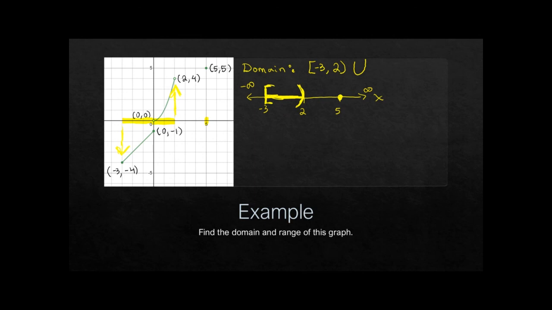The union is how we combine these pieces. And then when you just have a single dot, you use the roster notation and you just list the x value. So we have interval notation and roster notation because we have different sections of the graph here. We have a part that's continuous, and then we have a single dot.